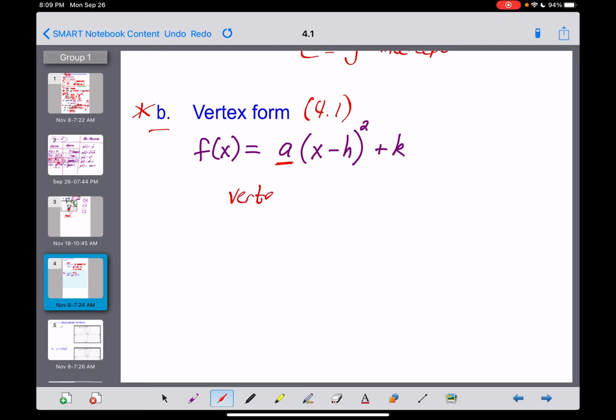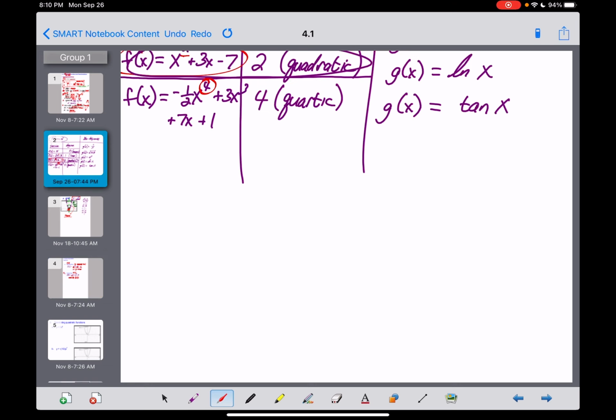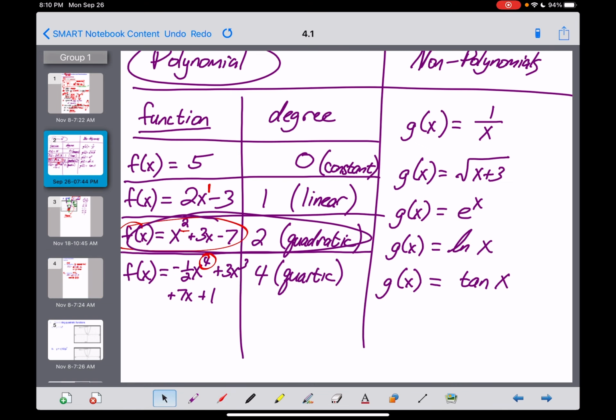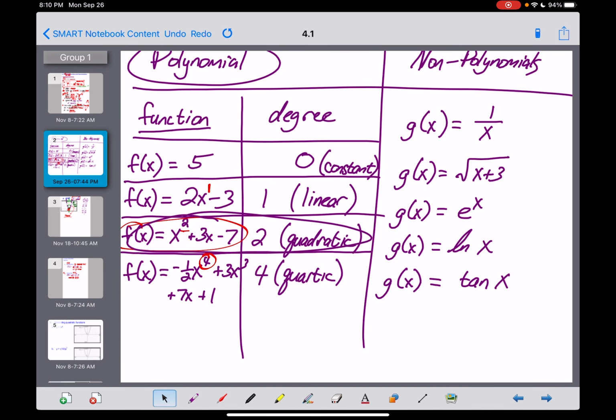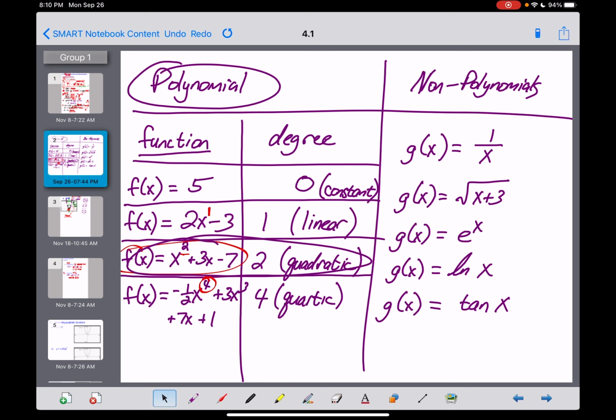The vertex of your parabola is located at the ordered pair (h, k). I don't think that using those letters really sank in with you guys when we were doing our absolute value graphs back in Chapter 2, but they better start sinking in now, because we're going to see these same two variables, h and k, throughout the year in almost every one of these styles of functions in Algebra 2.